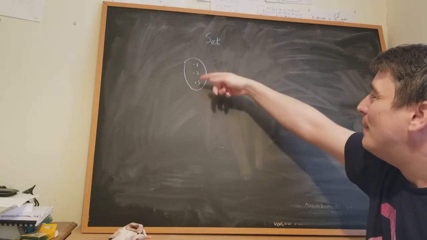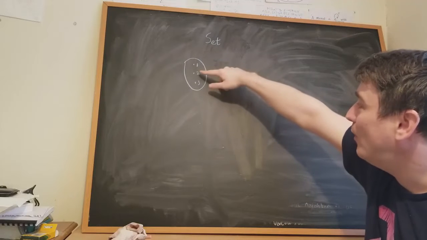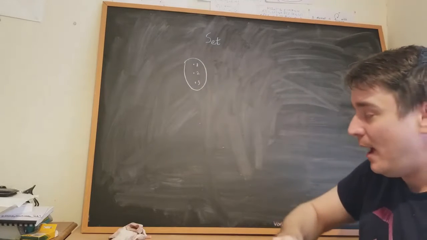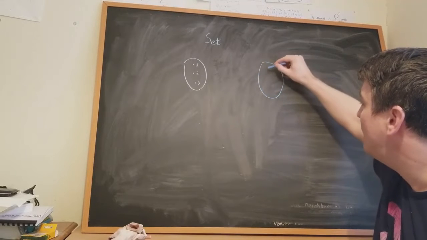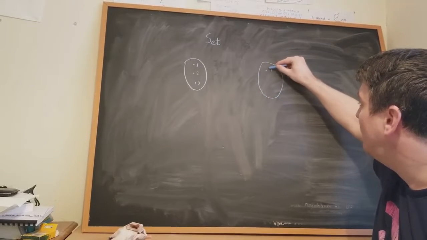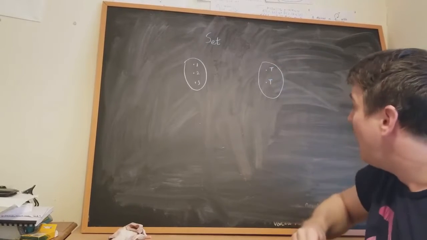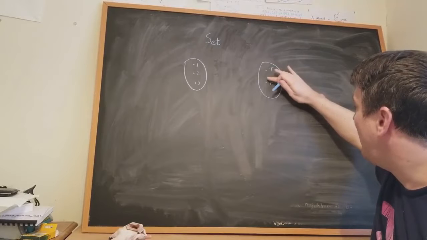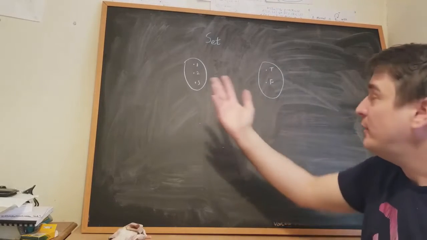So each object represents a set. For example, this is a set holding 1, 2 and 3. And then there'll be another object over here, which is a set holding true and false. So these are the objects.